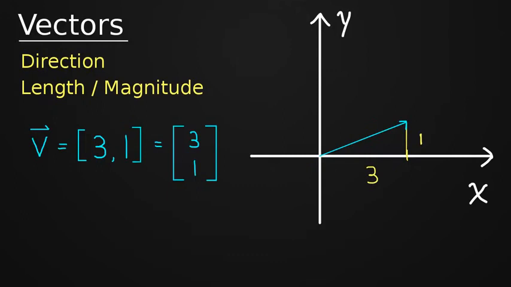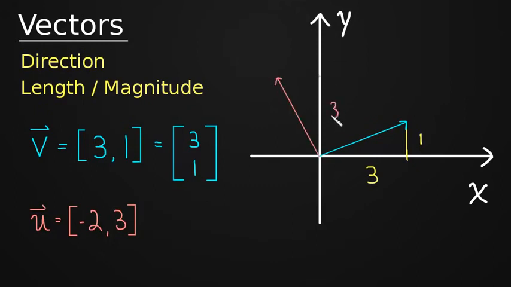Okay, let's look at another example. Let's say the vector u, and let's say it has the components -2, 3. Well, that simply means we're moving over negative 2 in x and up 3 in y. So maybe something right around here.